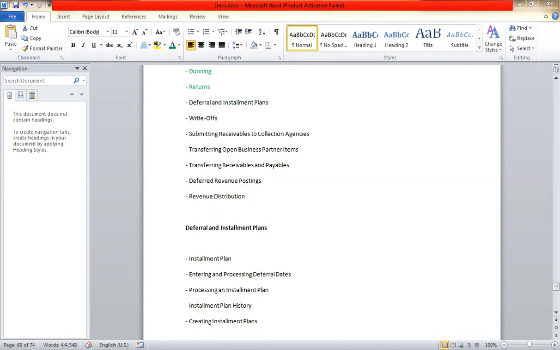So in deferral installment plans, the purpose of this component is that it enables you to defer payment or arrange payment by installments for business partners who cannot keep up their payment obligations.